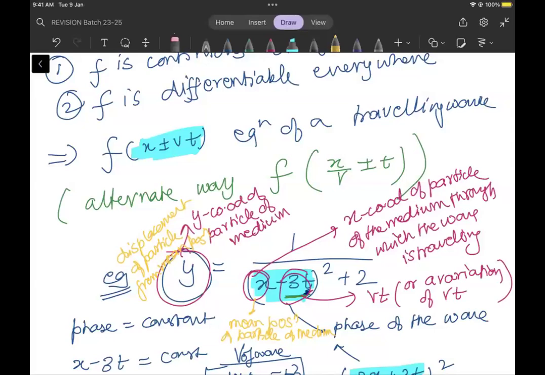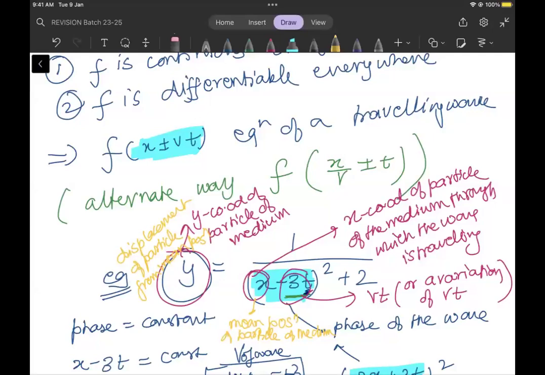If we are dealing with an electromagnetic wave, then y may be the electric field or the magnetic field. If we are dealing with a sound wave, then y may be pressure. Generally, for mechanical waves, y represents the axis along which particles of the medium are moving, and x represents the axis along which the wave is moving.